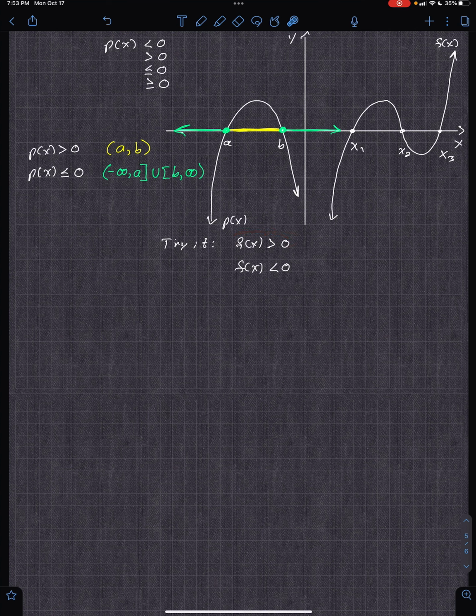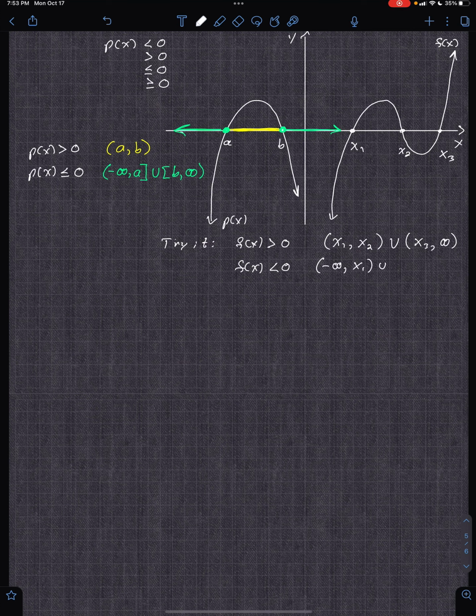Greater than 0 is above and then above. So what's the solution for that? Above would be x1 to x2 union, and then x3 and you approach infinity like that. Less than 0 is negative infinity all the way to x1 union, below, and then x2 to x3. Okay, so that's what you should have gotten.